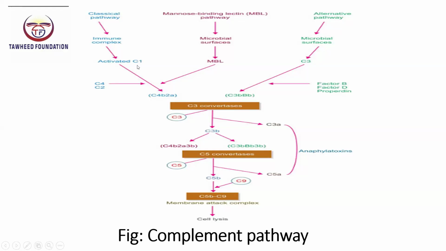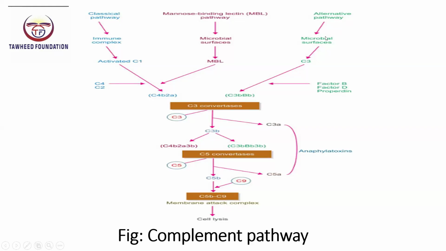Activation of C1 leads to the cleavage of proteins, that is C4 and C2, forming what's called the C3 convertase. The C3 convertase splits the complement protein C3 into C3a and C3b, initiating events that mark pathogens for destruction and attract immune cells.